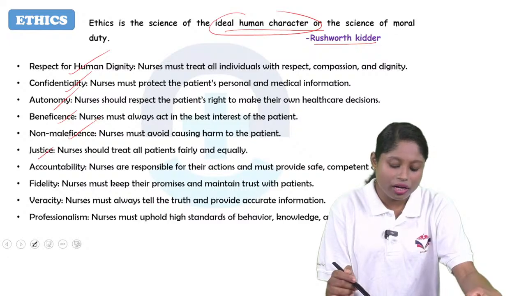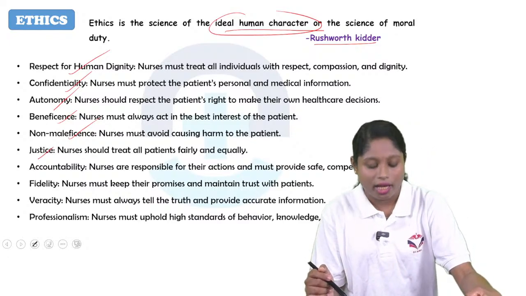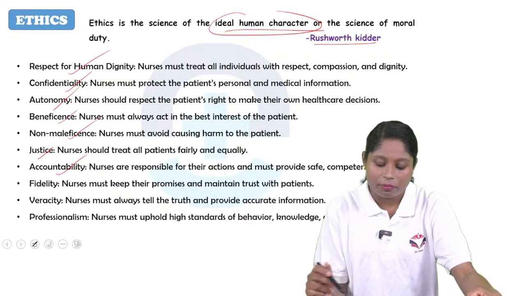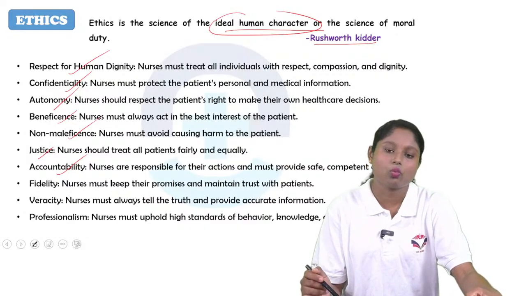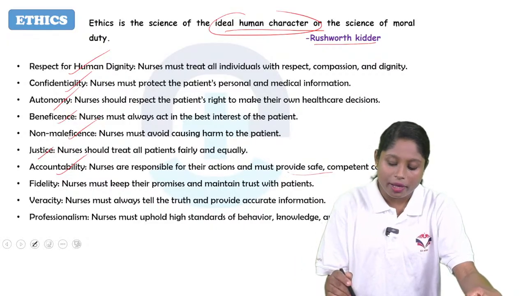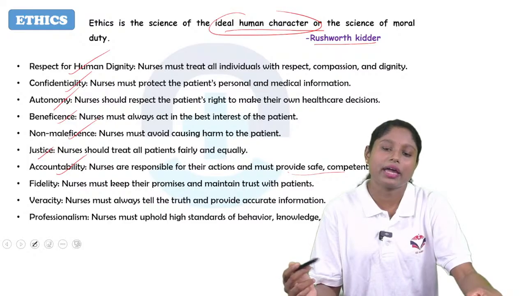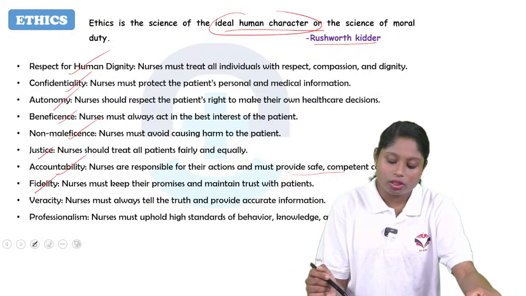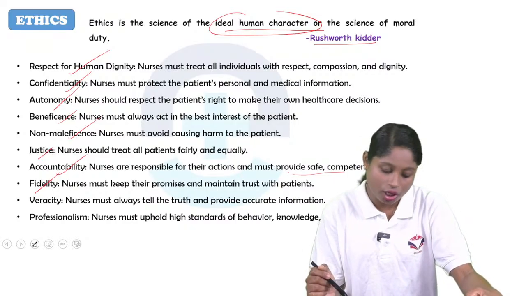Justice. Nurses should treat all patients fairly and equally. Accountability. Nurses are responsible for their actions and must provide safe and competent care. So you are supposed to take responsibility and make sure you provide safe care to the patient. Fidelity. Nurses must keep their promises and maintain trust with the patient.